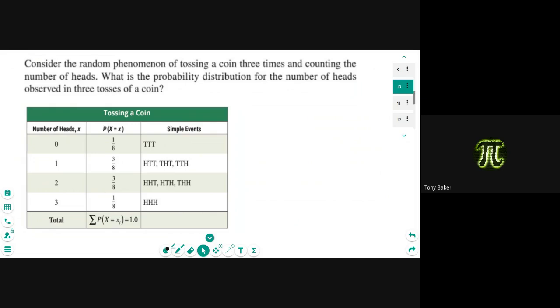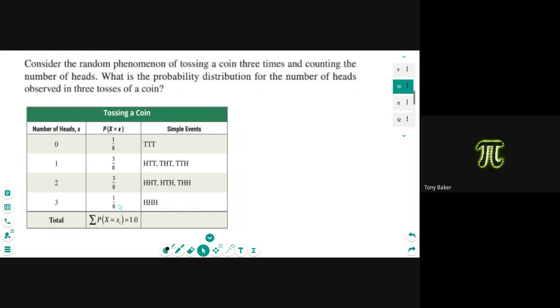I could have 3, 2, 1, or none. Those are all possible outcomes for the number of heads. Remember we did that list last week, listing the tails, heads, and so on, and they just counted it. So the probability of getting no heads is 1/8, 1 head is 3/8, 2 heads is 3/8, and 3 heads is 1/8.